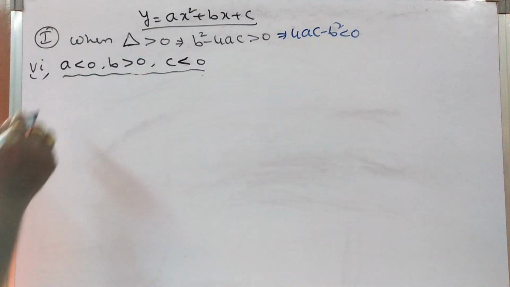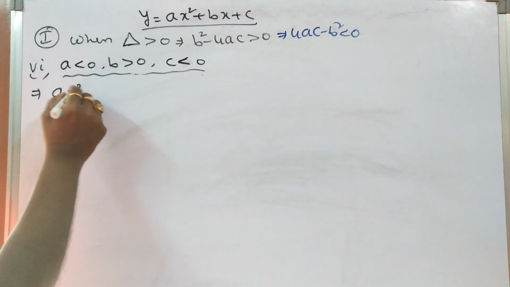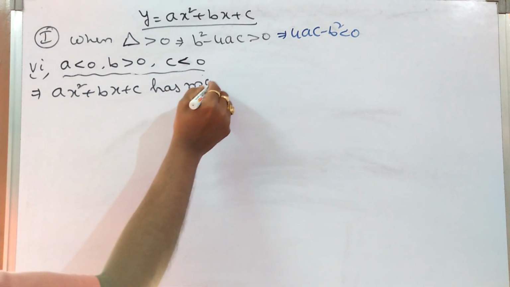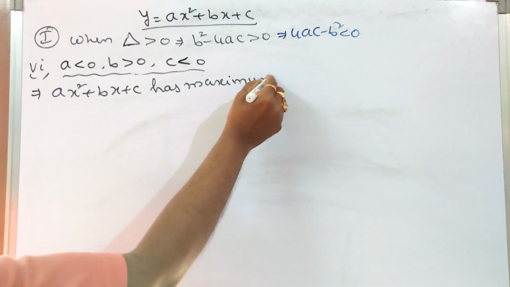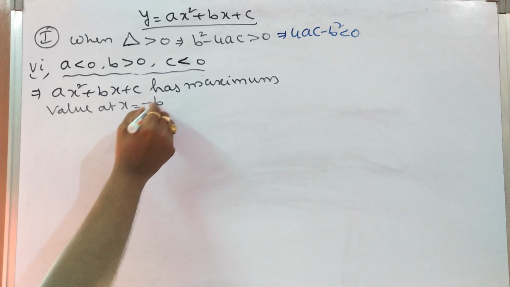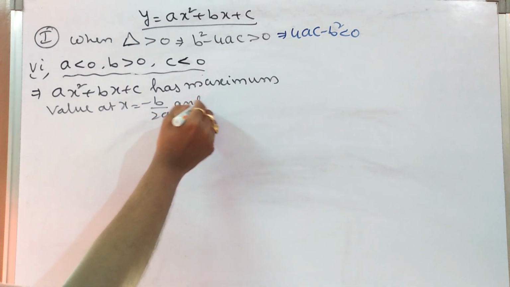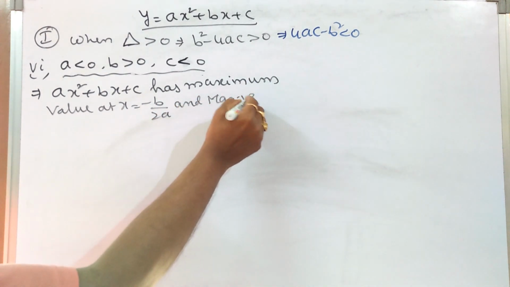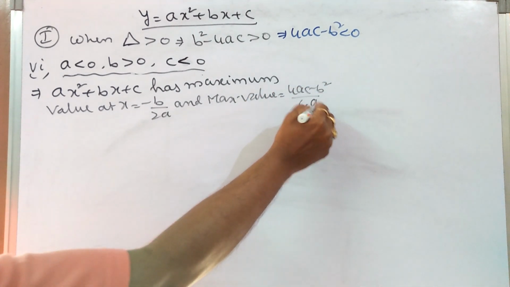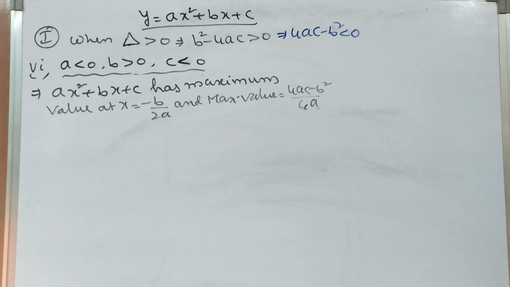Maximum value. So ax square plus bx plus c has a maximum value at x equal to minus b by 2a, and the maximum value is equal to 4ac minus b square by 4a. That we have already derived.